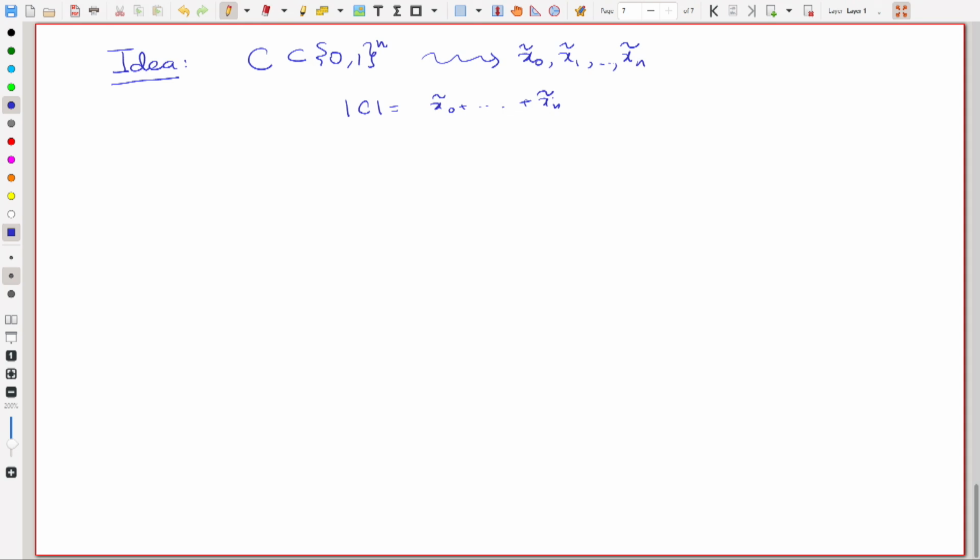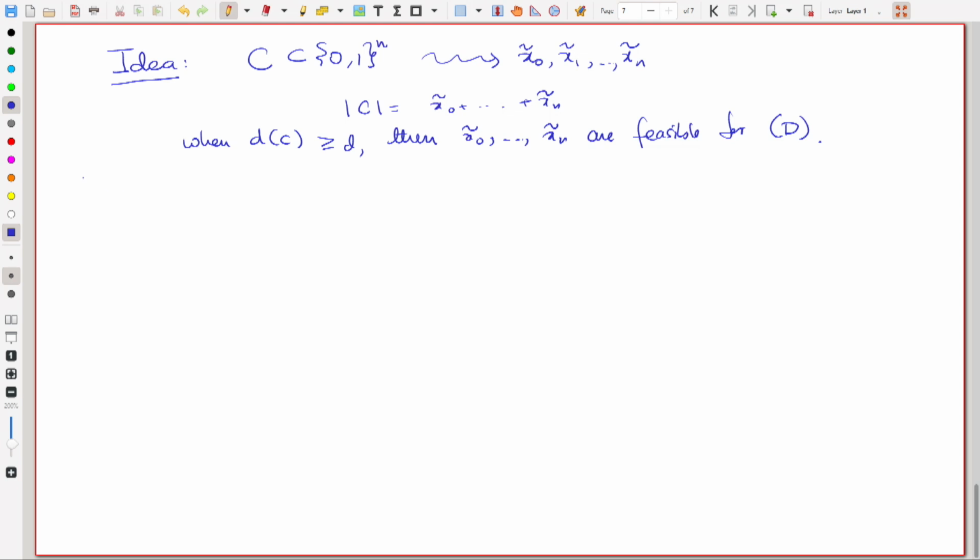So, we will introduce some numbers associated to the code, so that the cardinality of the code is the sum of them. So, we will basically partition the elements of the code into pieces which will have sizes x_0 tilde, x_1 tilde, and so on, and then we will show that when the distance of C is greater than or equal to d, then x_0 tilde up to x_n tilde are feasible for the program D. That is the proof strategy.